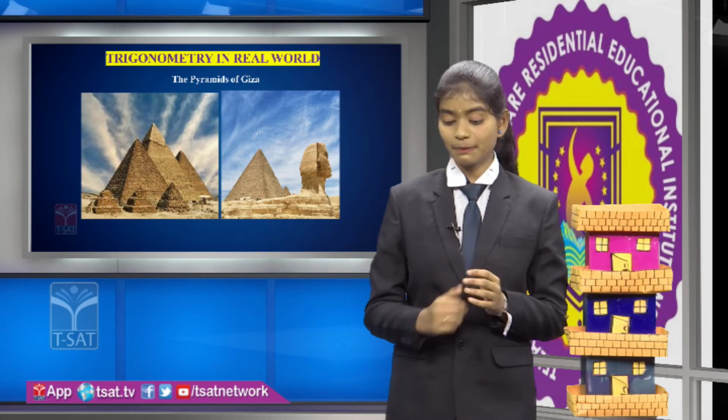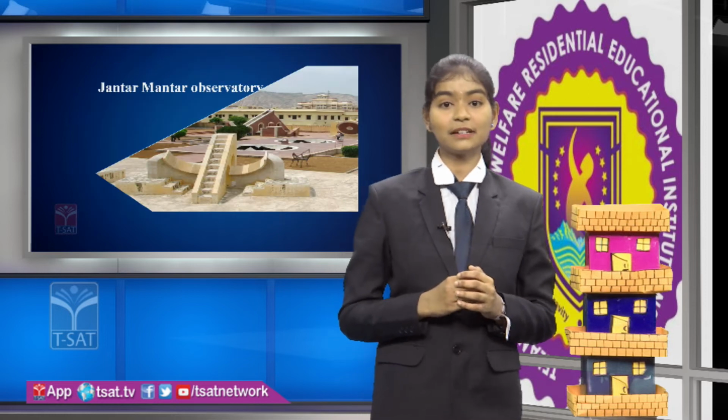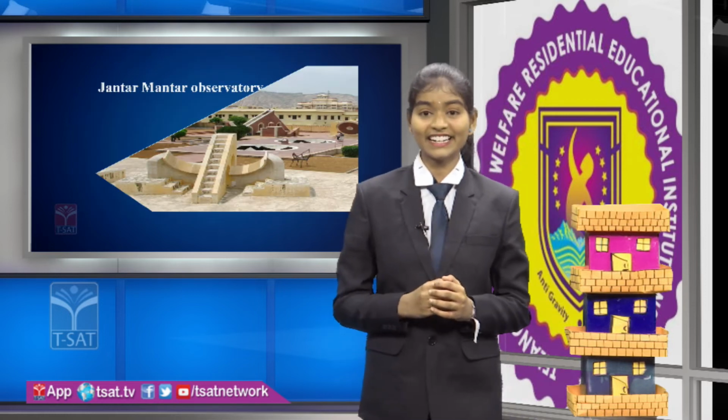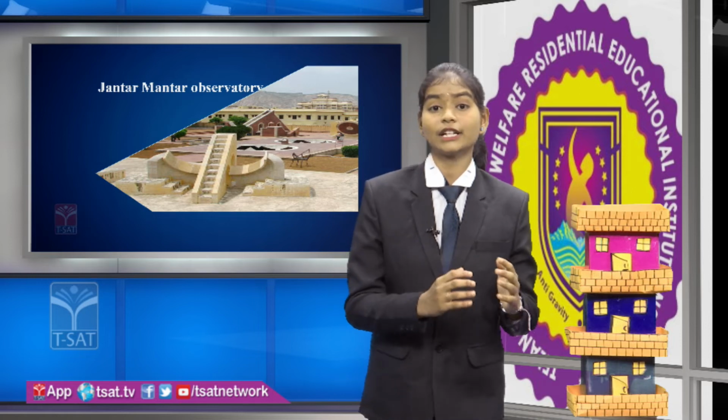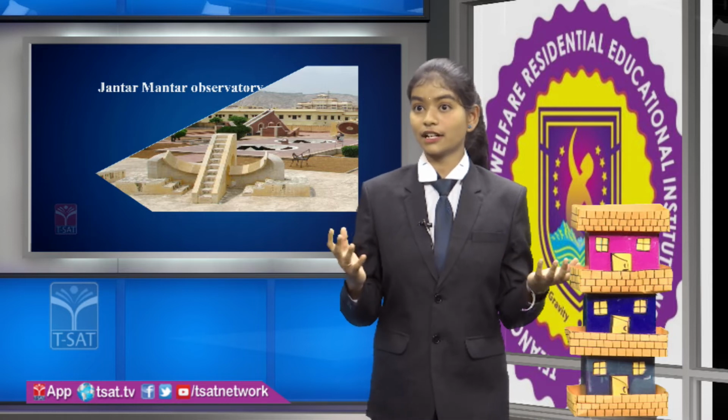One of the famous places in our India is Jantar Mantar, which is located in New Delhi. For millennia, trigonometry has played a major role in finding the distance between stellar bodies and their paths. Friends, see, trigonometry is also applied in famous places of our world.